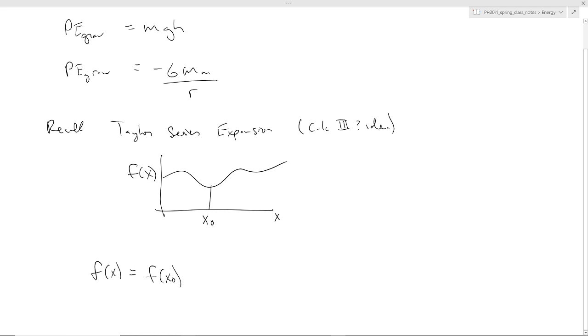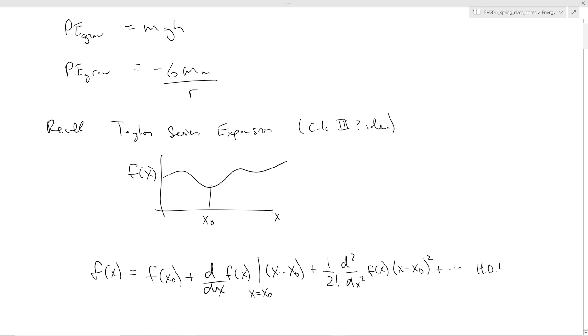the value at the point, plus a derivative of the function evaluated at that point times the quantity x minus that point where you're evaluating it, plus 1 over 2 factorial times a second order derivative term times x minus x naught squared, etc. And I'll use HOT to represent higher order terms.